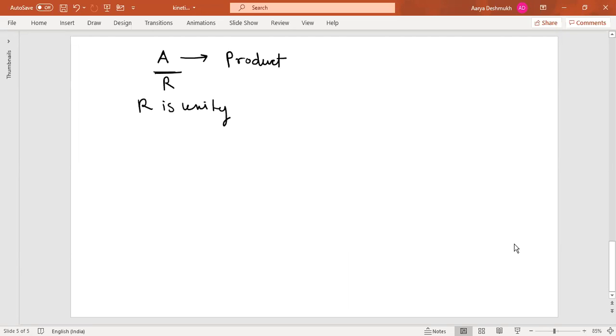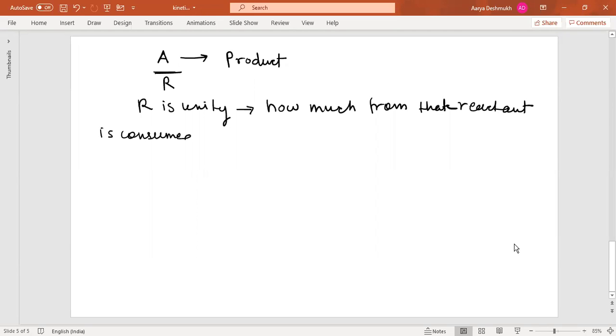How much from that unity of reactant is consumed for getting converted into product is called the rate constant.